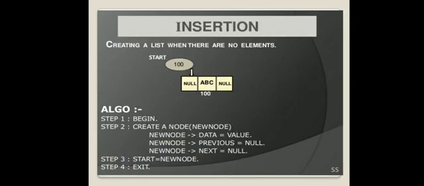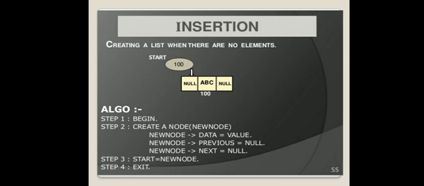Next, we'll see the insertion, how we can create a new node and insert it in the linked list. If you want to insert a new node in the linked list, then we have to create a new node which contains three parts: the previous, the information part and the next part. So we'll see the algorithm here. Step 1, begin.